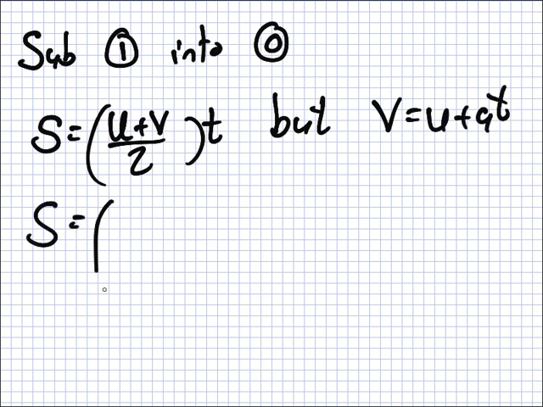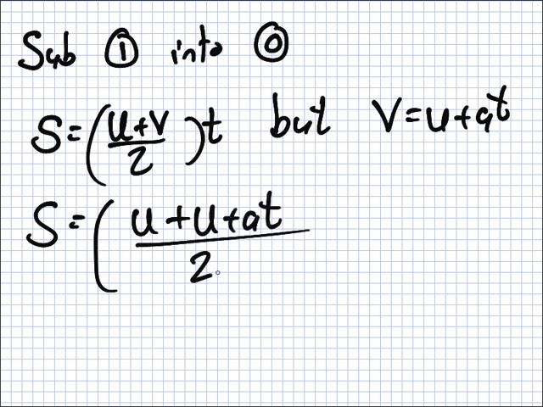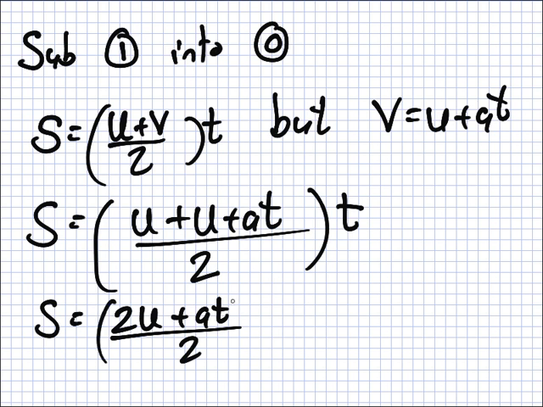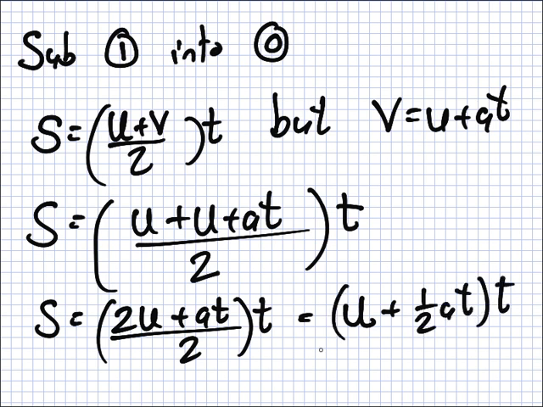So I can say S equals U plus AT over 2 times T. So S equals 2U plus AT over 2 times T. That will be equal to U plus a half AT times T. So finally that's S equals UT plus a half AT squared. That's equation 2.